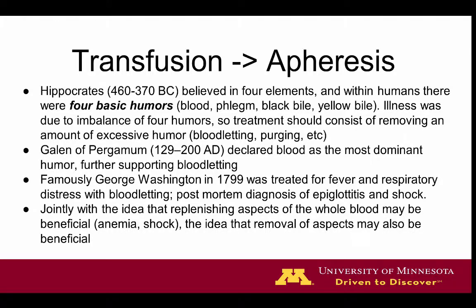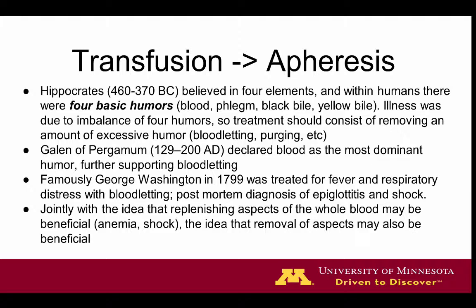So going along with this history theme, let's go all the way back to Hippocrates. He initially believed in 4 elements in the world, and within humans, these elements were instead the humors: blood, phlegm, black bile, and yellow bile. It's likely that back then they didn't have microscopes or ways to look inside the body aside from bleeding or mucus from the nose or regurgitation or things of that nature.